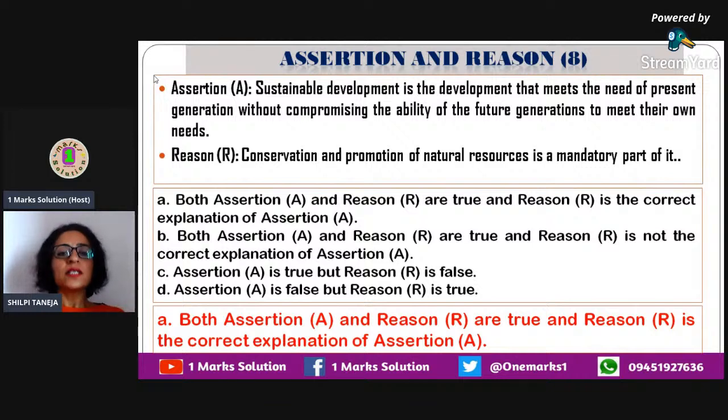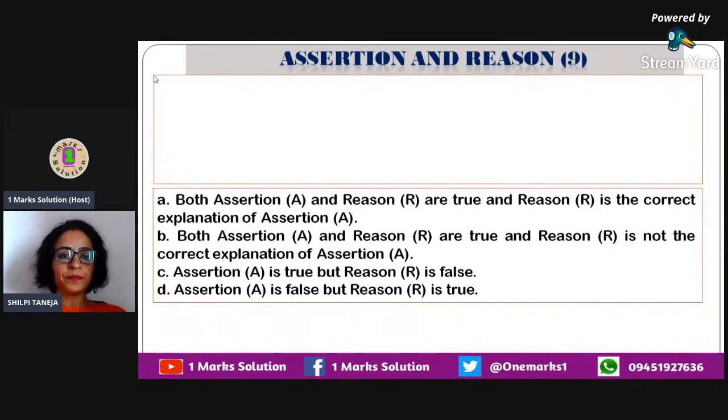Reason says conservation and promotion of natural resources is a mandatory part of sustainable development. So the reason is the correct explanation of assertion. So we'll go for option A in this.